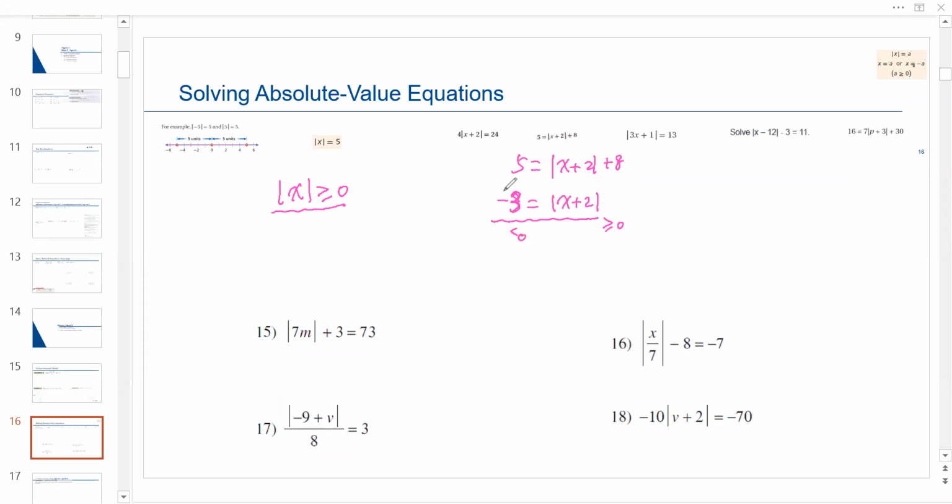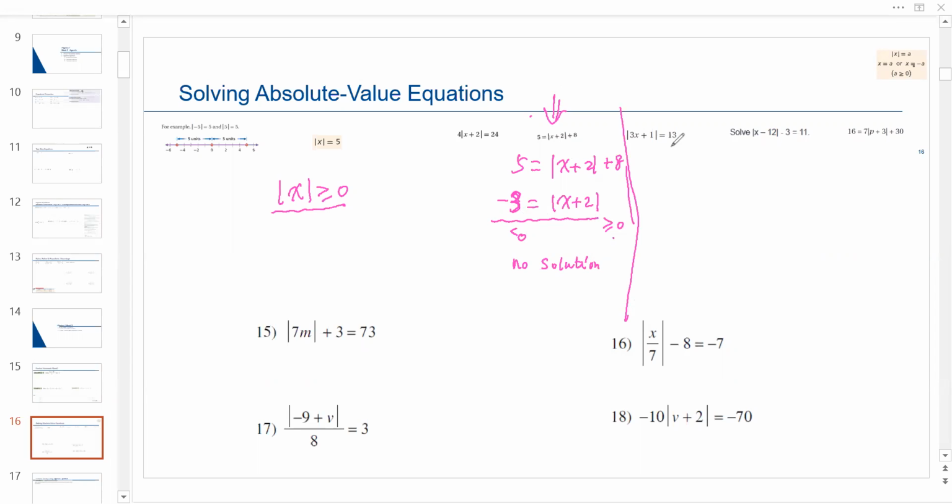So obviously this equation has no solution, because the left part is less than 0 and the right part is greater than or equal to 0.